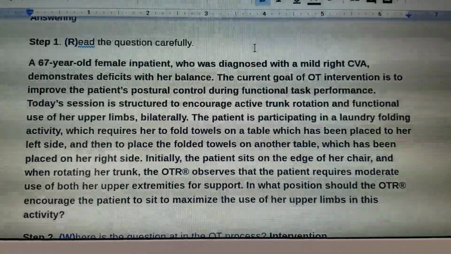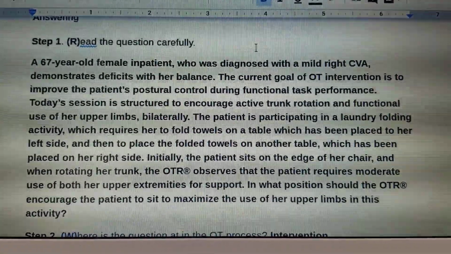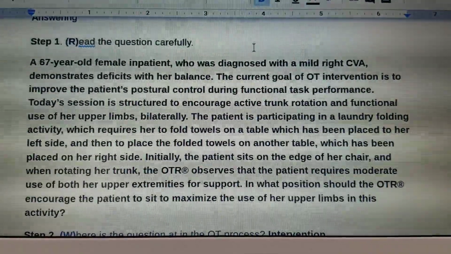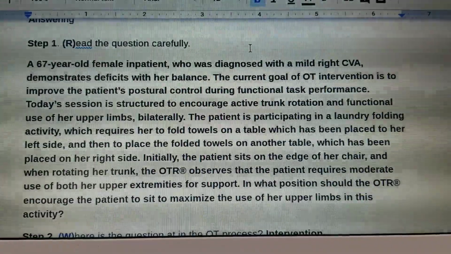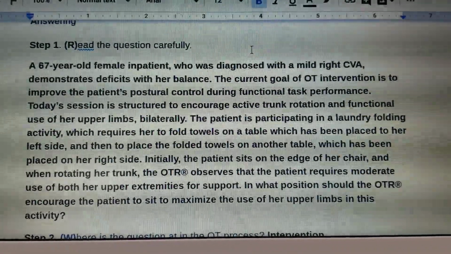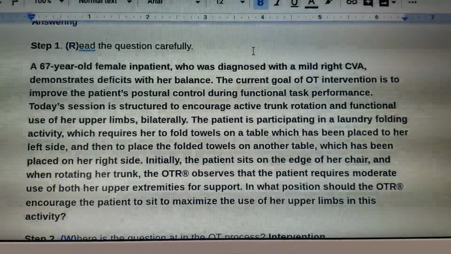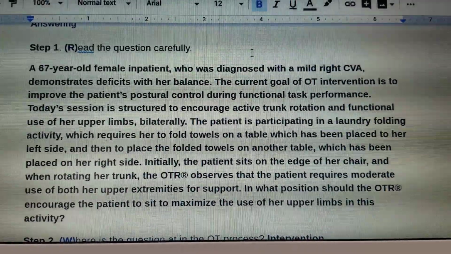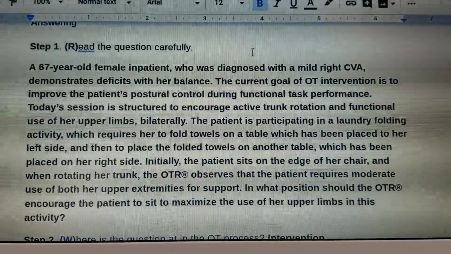The patient is participating in a laundry folding activity, which requires her to fold towels on a table which has been placed to her left side, and then to place the folded towels on another table, which has been placed on her right side. Initially, the patient sits on the edge of her chair, and when rotating her trunk, the OTR observes that the patient requires moderate use of both her upper extremities for support.